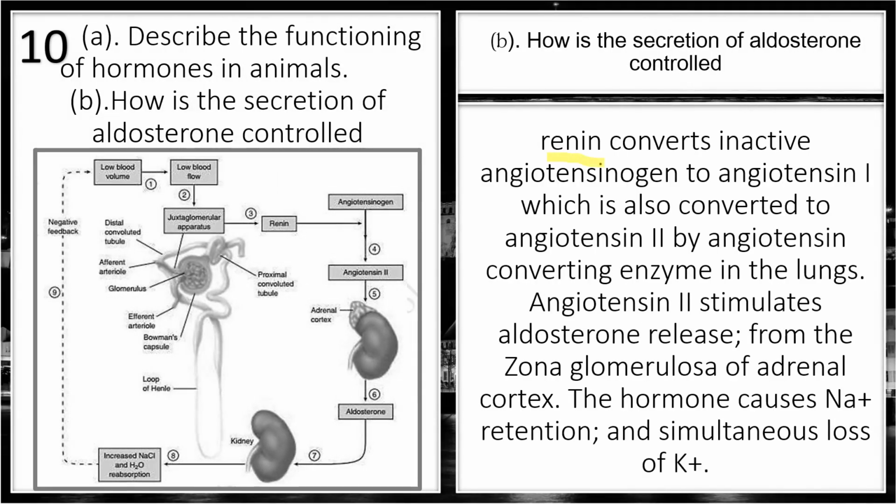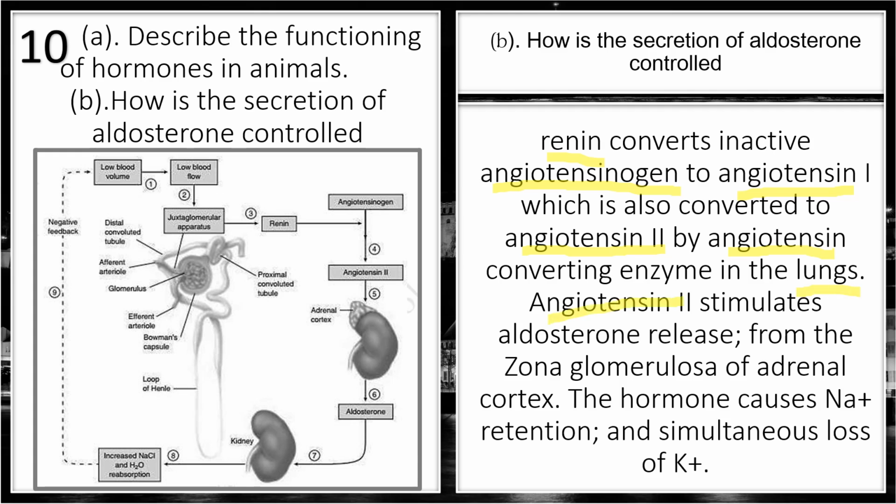Renin converts inactive angiotensinogen to angiotensin 1, which is also converted to angiotensin 2 by angiotensin-converting enzyme in the lungs.